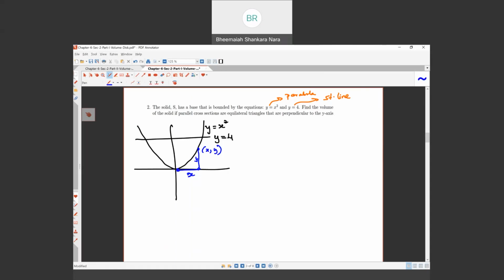You also know that this is the y equals 0 line, which is parallel to the y equals 4 line. And this is your y equals 4 line. Now in this problem, you are asked to find the volume of the solid if parallel cross sections are equilateral triangles that are perpendicular to the y-axis.